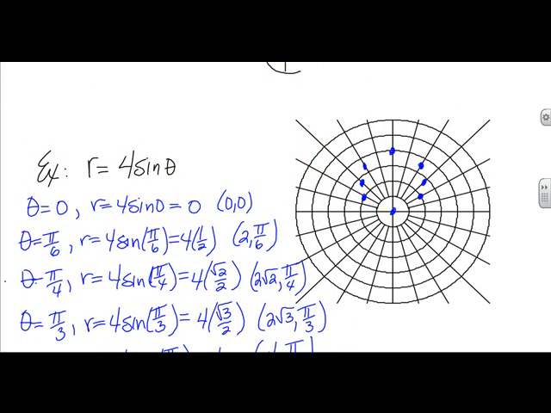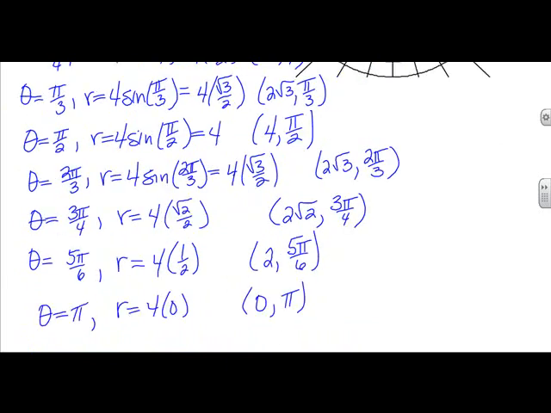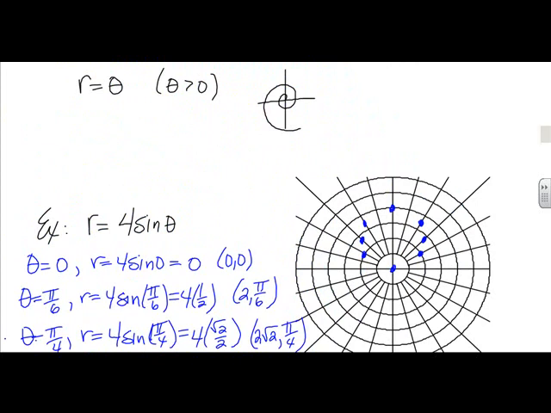Okay, next angle is pi. r is 4 times the sine of pi, so that's (0, pi). And that ends up being in exactly the same place that we had the point (0, 0). So we've got a repeat, and that happens.